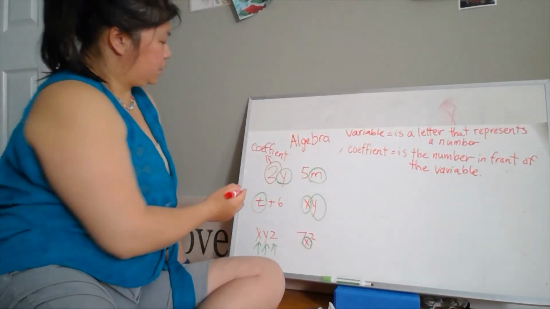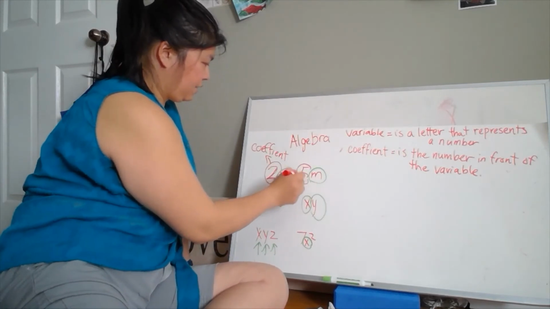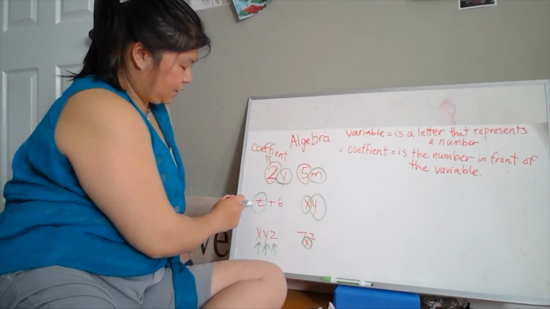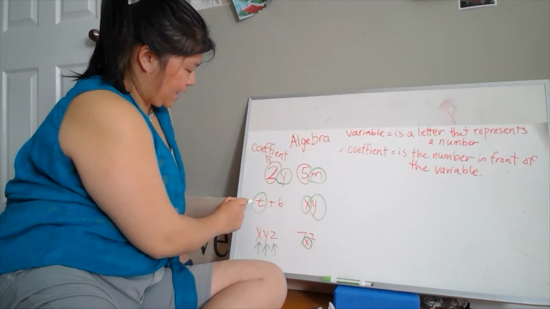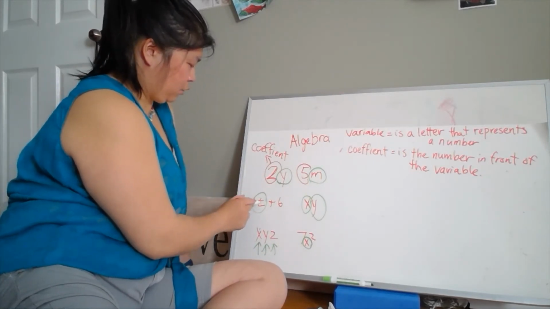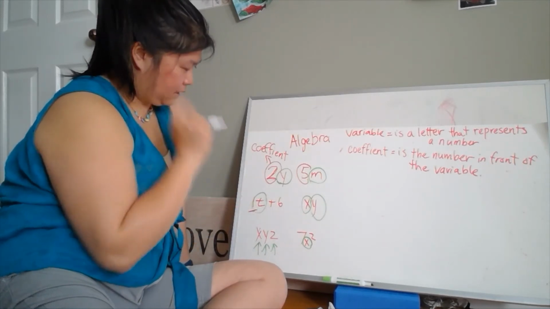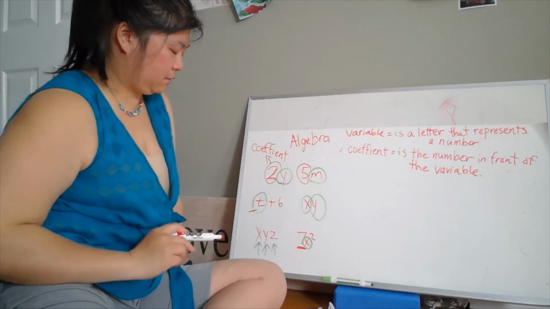So the coefficient here is 2. The coefficient here is 5. Here it is represented as a 1. It's imaginary, but you don't need to write that 1 in. But basically, this coefficient here is 1. And this coefficient here is 7.